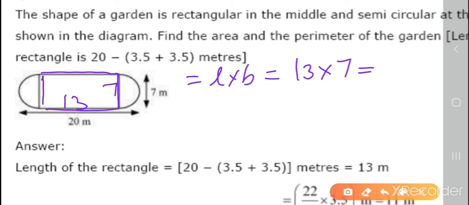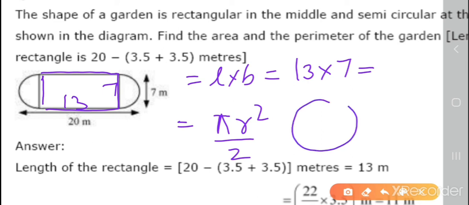Then next part is area of the semicircular region. So you can do it in both the ways, children. Semicircular region means you know that area of the circle is pi r square. So when you need a semicircle, it is divided by 2. But children, in this picture, we can take it as a whole circle. This semicircle and this semicircle. So if you take the formula pi r square also, it will be correct.